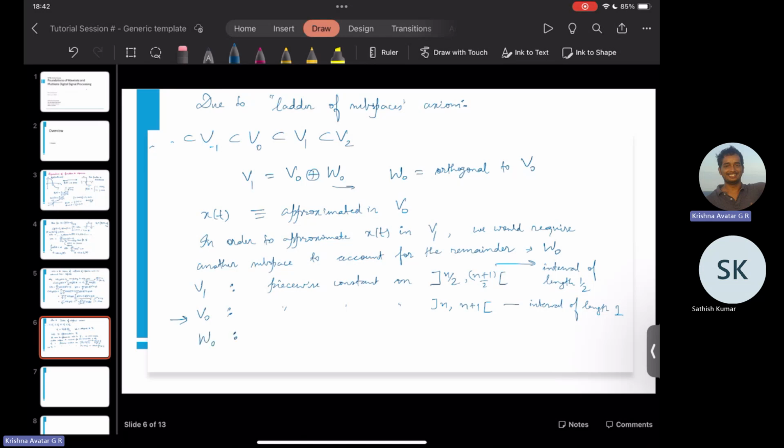So to account for that error, we have this W naught, which is a linear combination of psi of t minus n.